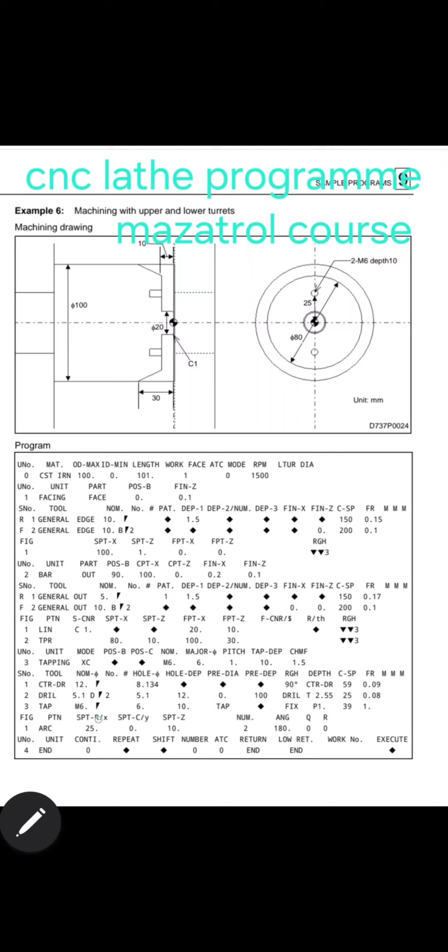Tap M6, 6 hole diameter, hole 10 and tap, fixed and P once and 39, configuration 1. So we tap M6 here.